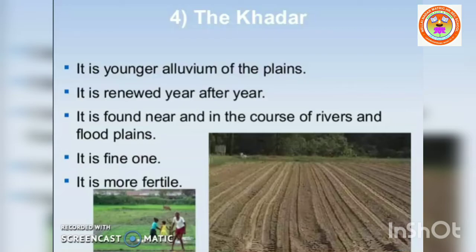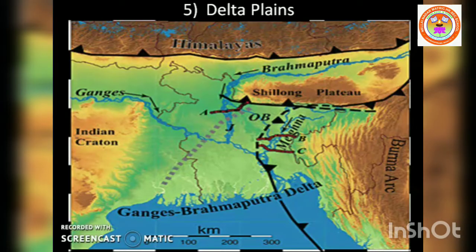The next division is the delta plains. The delta plain is an extension of the Khadar land. It covers about 1.9 lakh square kilometers. The deltaic plain consists of old mud, new mud and marsh.